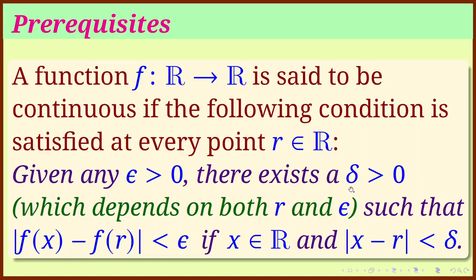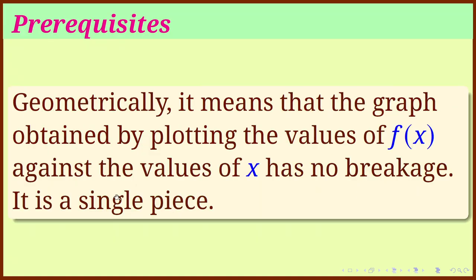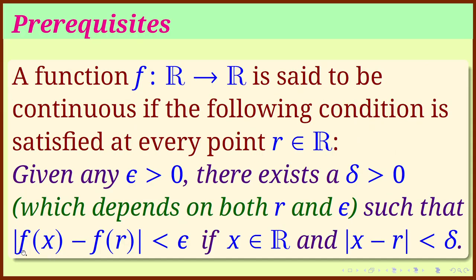This delta depends on epsilon as well as on r, such that the distance between f(x) and f(r), that is the absolute value of f(x) minus f(r), is less than epsilon if the distance between x and r is less than delta, where r is any real number.